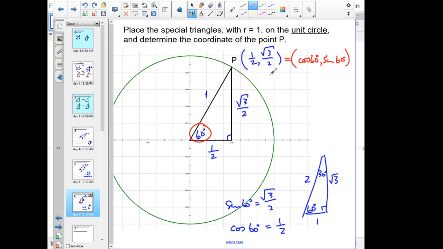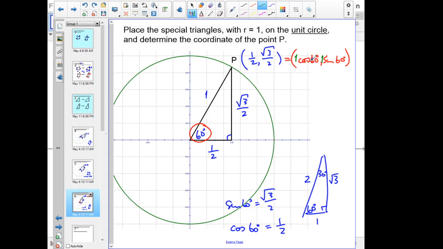Now there's another subtle piece here. One of the conveniences of the unit circle is that the radius is 1. So this is actually 1 times the cosine of 60 degrees, and this is actually 1 times the sine of 60 degrees. So instead of it being some other r value, it being 1 working with the unit circle just simplifies that.